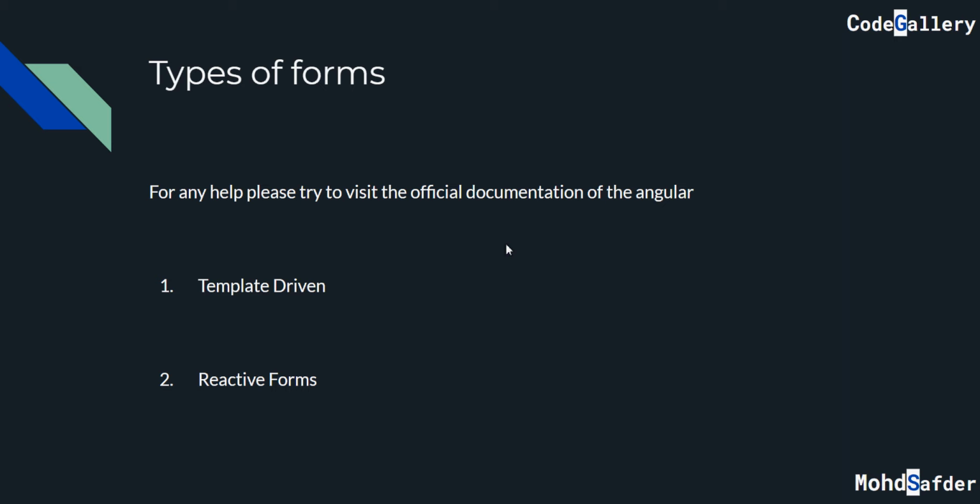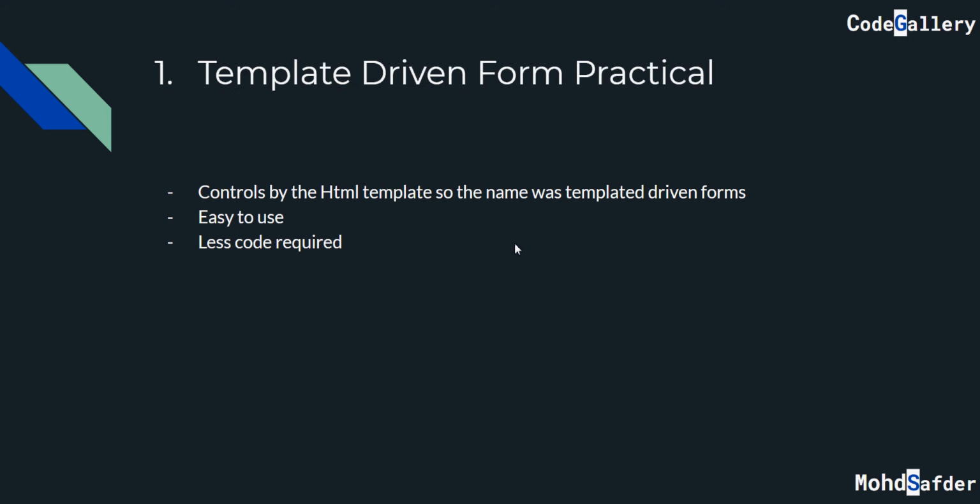In Angular we have two forms basically. First is template driven, second is reactive forms. So quickly we are going to start with the first, template driven form. Template driven form, as its name suggests, is driven by the template, and template is nothing but the HTML code.